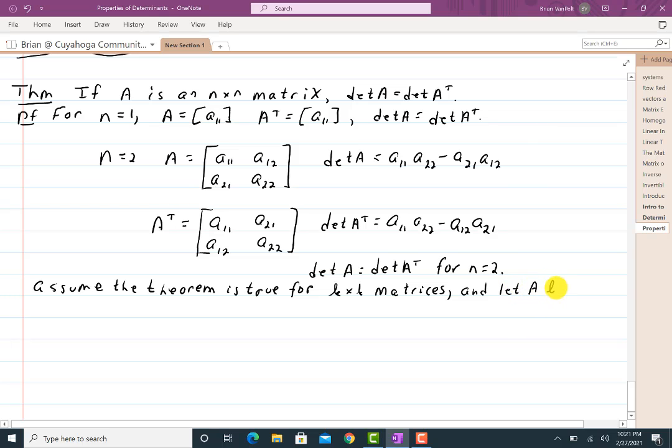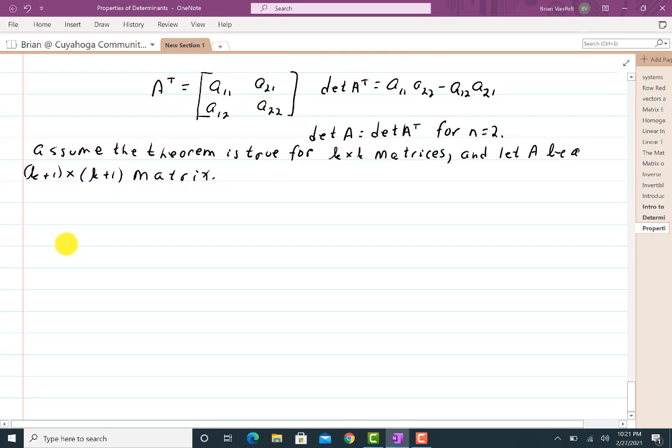And let A be a K plus 1 by K plus 1 matrix. So we have the determinant of A. It doesn't really matter. We can go along row I or along row whatever. I think I am going to go just along row 1 is good enough.